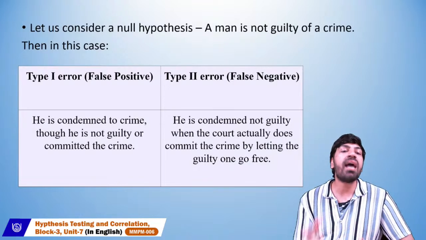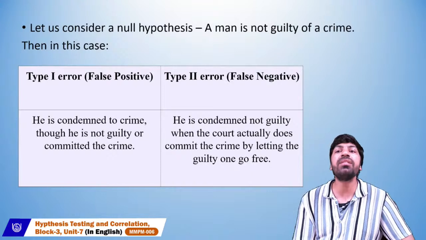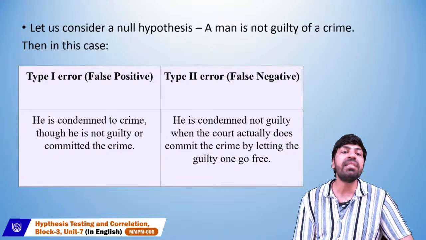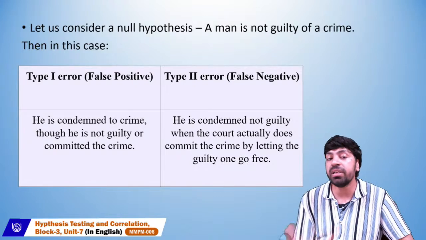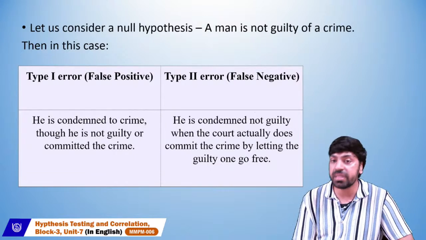Now, this is an example. Let's consider a null hypothesis: a man is not guilty of a crime. In this case, type 1 error is a false positive. He's condemned for a crime, but he's not guilty and did not commit the crime. That means it is a false positive.